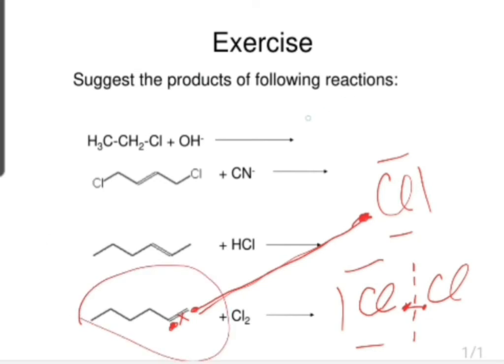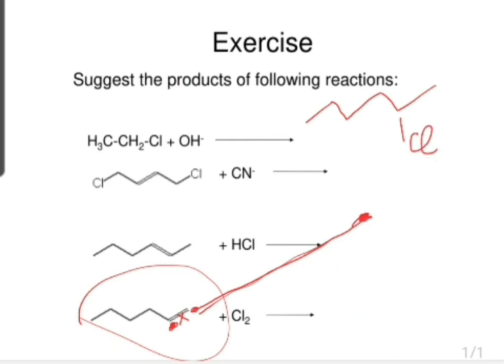But this time the radical is on a chain, some alkane. So for example, let's say that this one got the Cl, and it becomes a radical molecule.